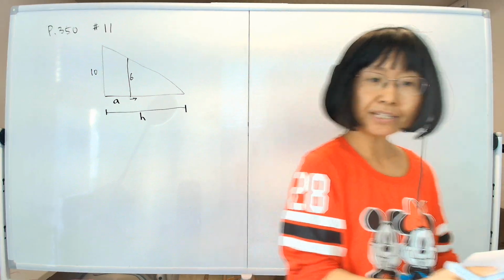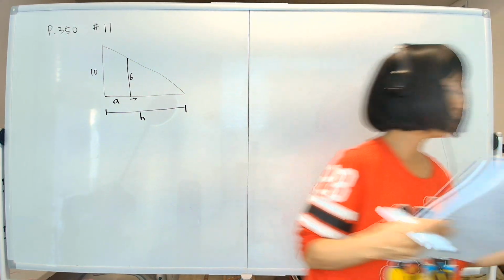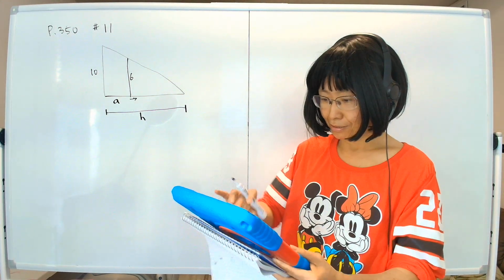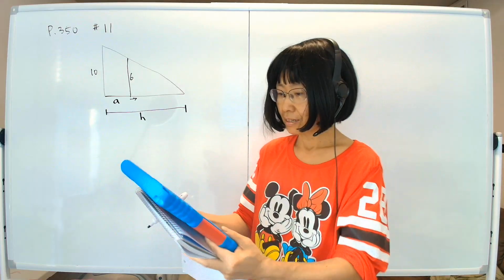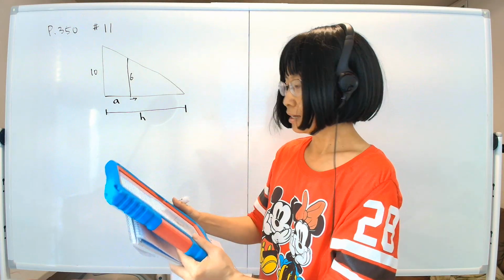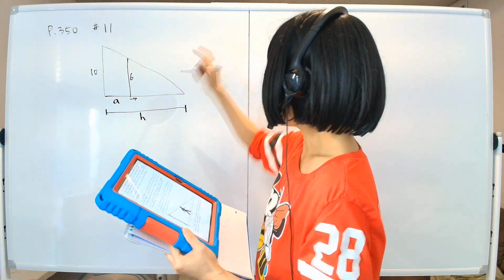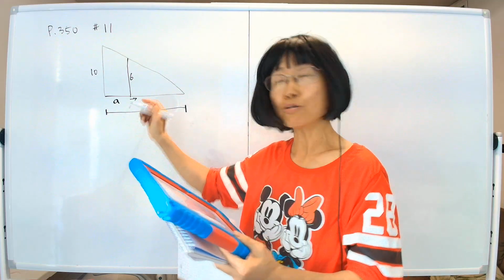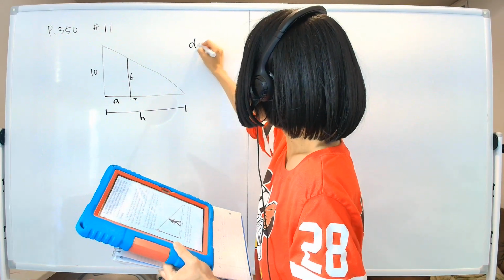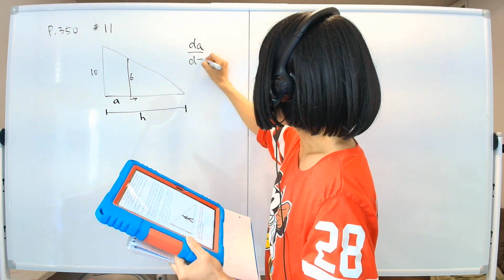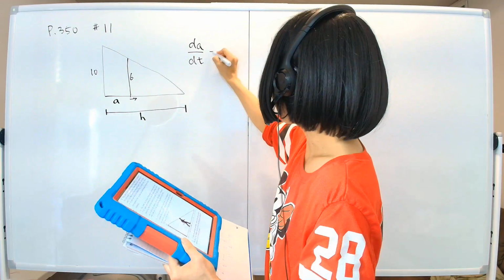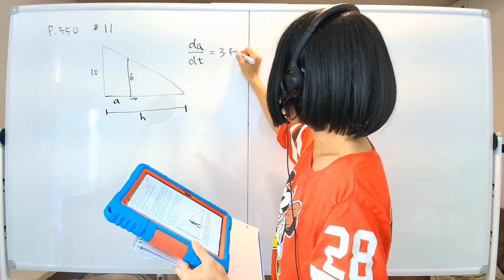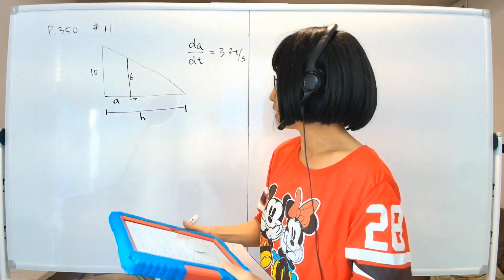So a and h are changing. What does the problem say? A is how fast the guy is walking, so dA by dt is given as 3 feet per second. That's how fast the guy is moving.